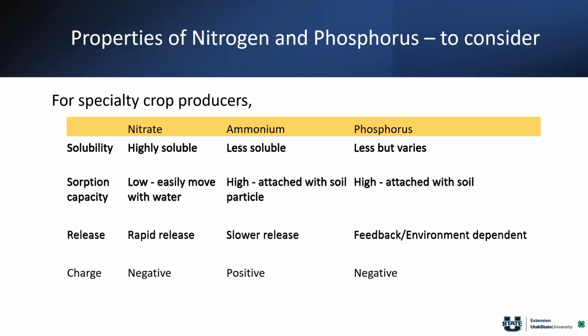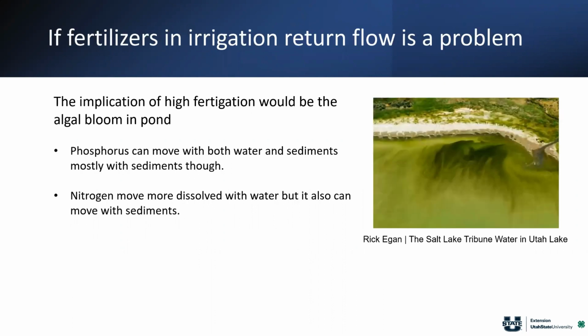Now, what happens if the substrate moves with the water and goes to a retention pond? As I told you, if it goes to the retention pond present in a nursery, it can cause algal bloom and eutrophication. If it goes to the watershed, rivers or lakes, it might bring a lot of problems.